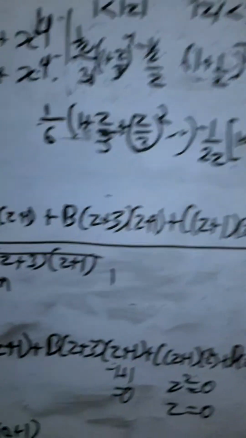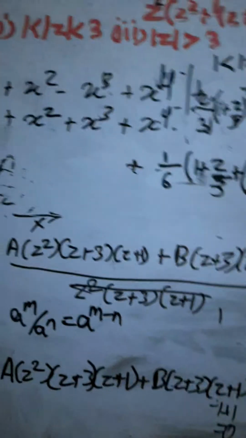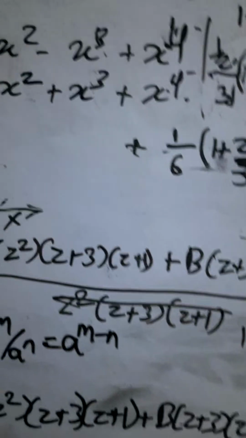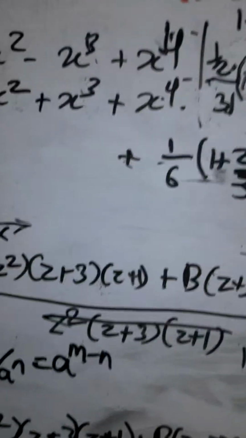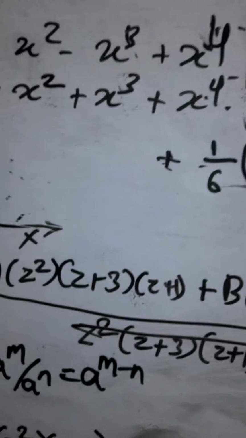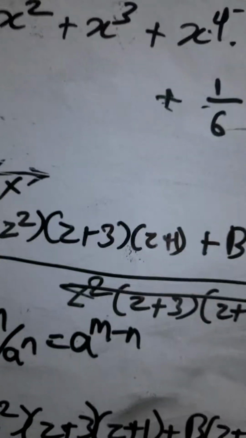Now you can also add that to the z square stuff. So 1 by z square plus 0. I don't know if something is like that, but let's just write it 1 by z square.